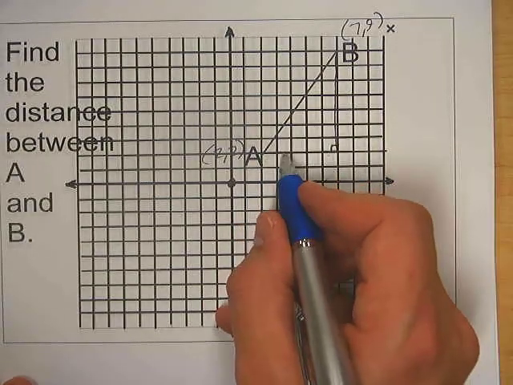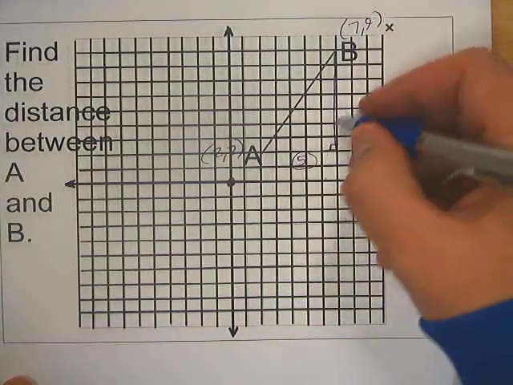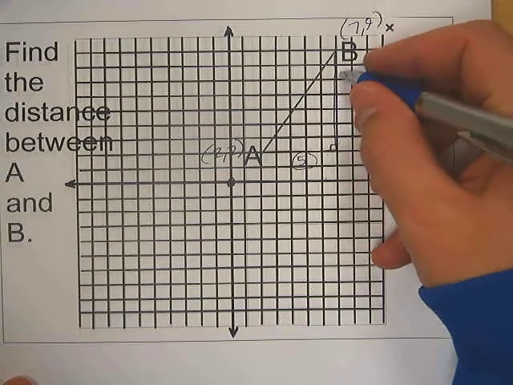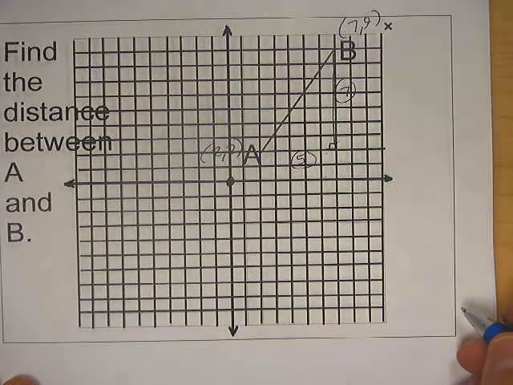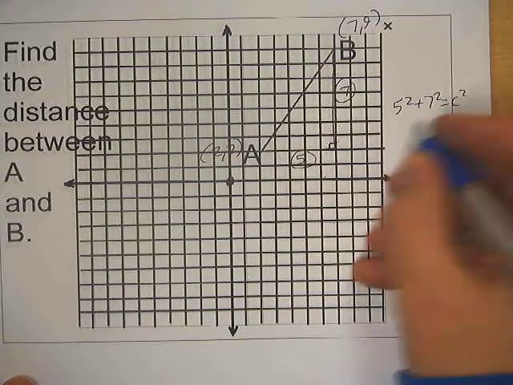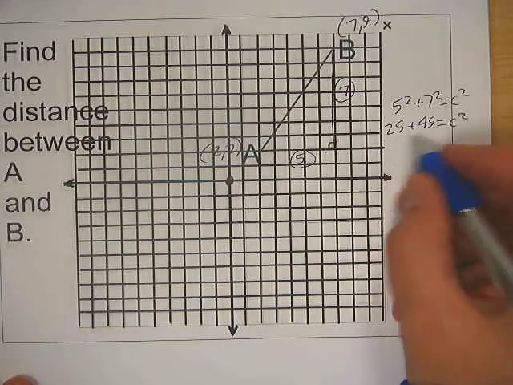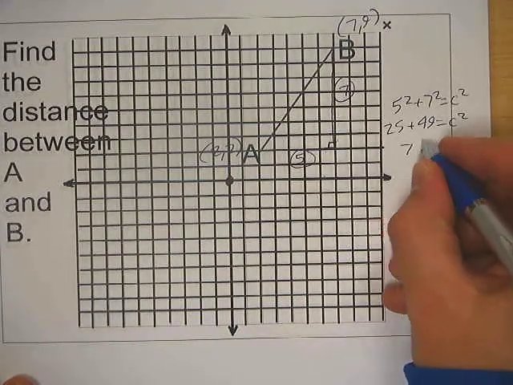One way you could do it is Pythagorean theorem. You could make yourself a right triangle. And you could look at the spaces. You could see your 5 spaces here, 1, 2, 3, 4, 5. And from here, there are 7 spaces, 1, 2, 3, 4, 5, 6, 7.